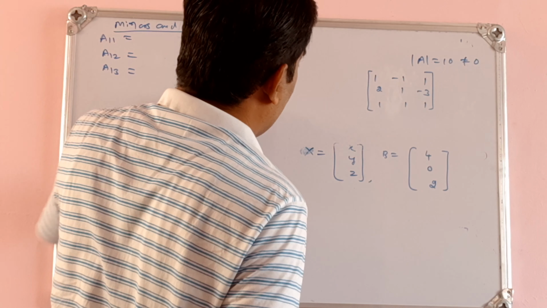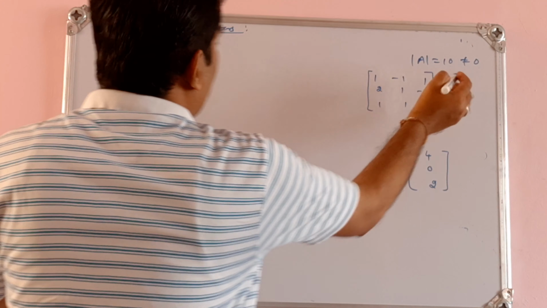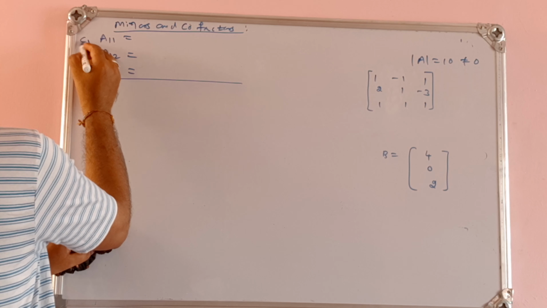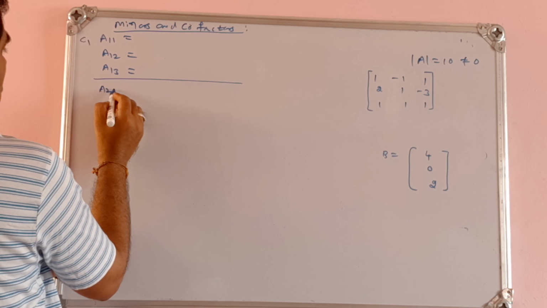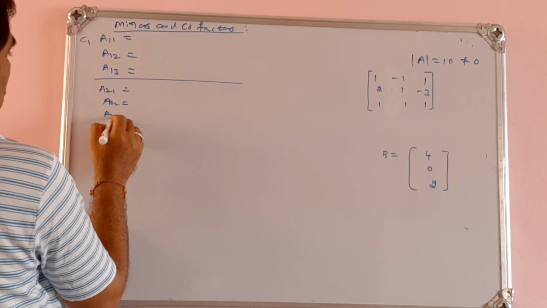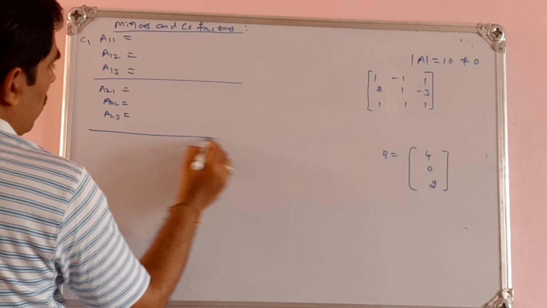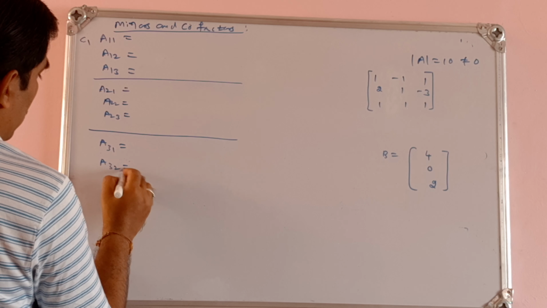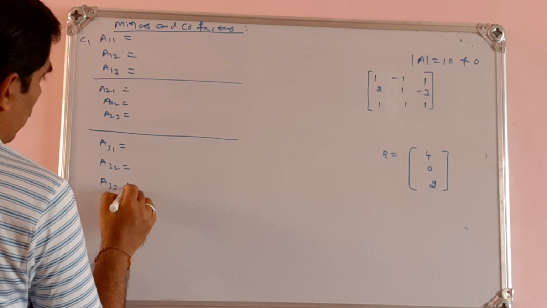Okay, I will write it. So this is the first, as we say, first column. Then next is second row. We write A22, A23. Then A31, A32. So you have to be careful when writing the signs.